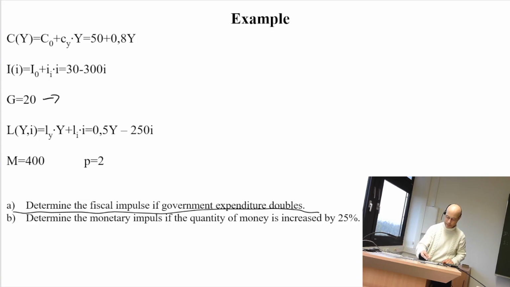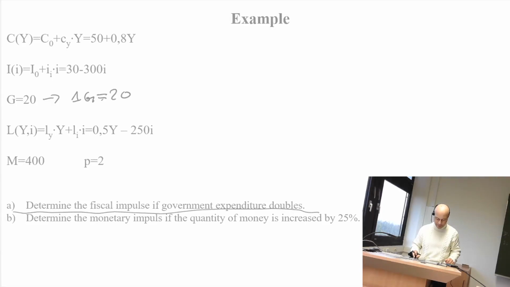This means delta G is what now? If government expenditure doubles from 20 to 40, then the increase is of course 20. Well, and now of course you can do all your calculation, not with G is 20, but with G is 40.